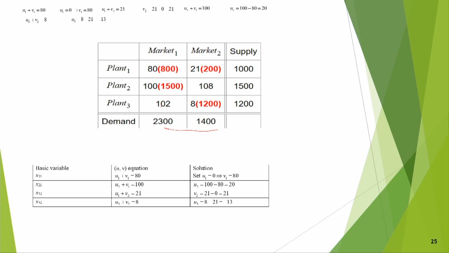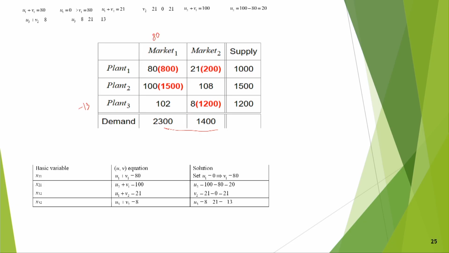and then for unoccupied cells you find out what is Cij minus this one. So, here you got U3 is equal to minus 13 and U1 becomes equal to 80.